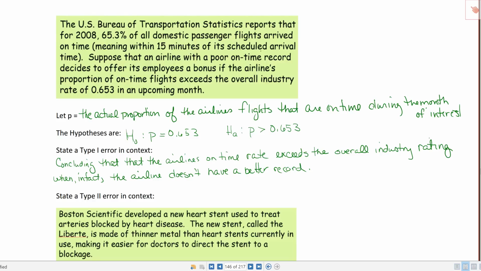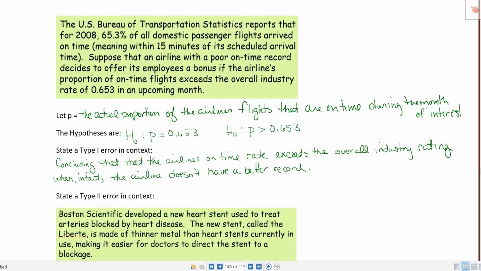And then a type 2 error in context of this problem. Remember what a type 2 error is. A type 2 error is failing to reject the null hypothesis when it is actually false. So what's happening is that the airline or the statistician would say, no, you did not exceed the overall industry rating. And so nobody gets a bonus, but in fact they really did exceed it. Right?